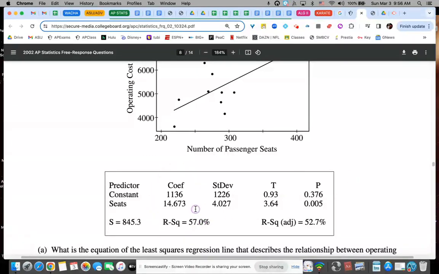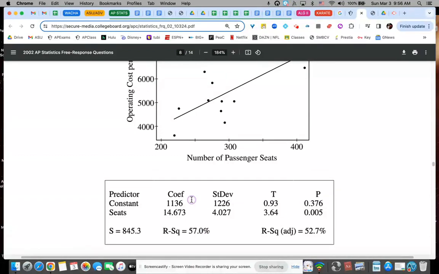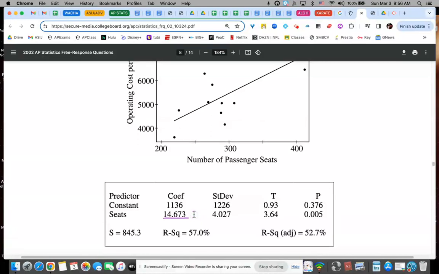A lot of questions will ask you to define the slope, or define the y-intercept, or define R squared, right? So maybe I just say it real quick just for practice. So here we go. Let me do the slope first. So for every increase of 1 seat in the airplane, the model predicts, or on average, the operating cost per hour is expected or predicted to increase by 14.67, right?